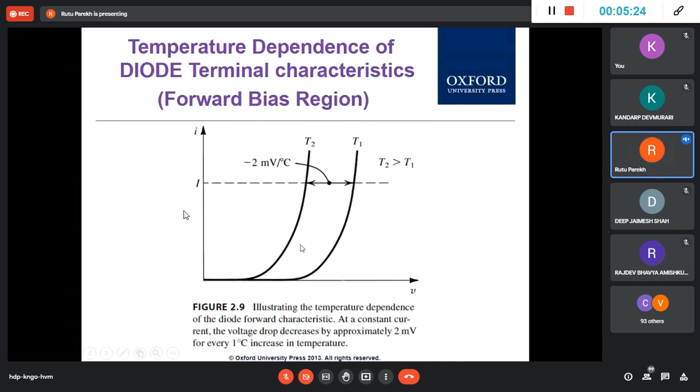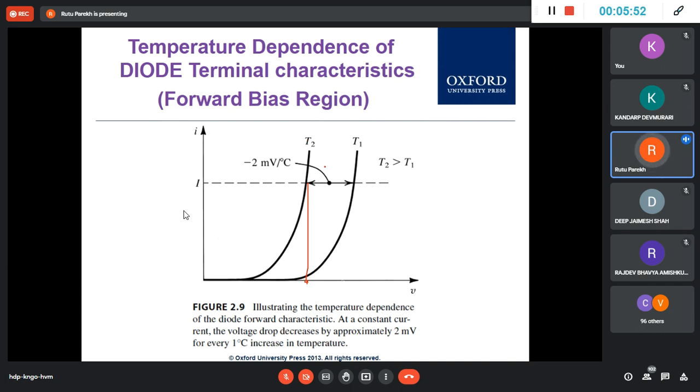So the thing is that at a higher temperature, for the same current, let's say this is the same current I, you will need less voltage. Then here, this is the voltage. You will need this much voltage, and this one is lower. This is, let's say, 25 degrees.